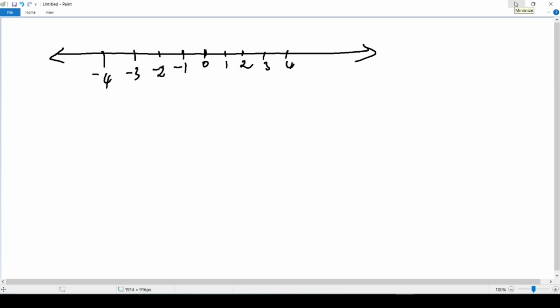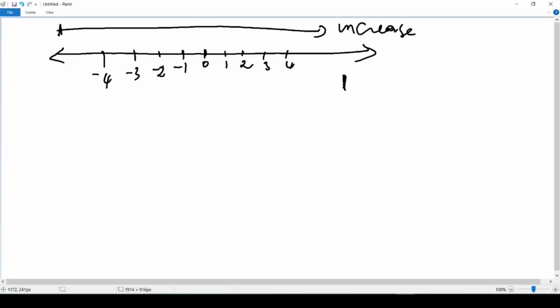So in summary, whenever we have our numbers, we move from left to right, numbers increase. And whenever we move from right to left, numbers decrease.